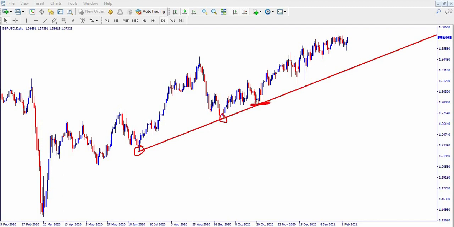What happened? We would have looked for a buy opportunity, an opportunity to go long on this trade. So what is the opportunity we would have taken here?